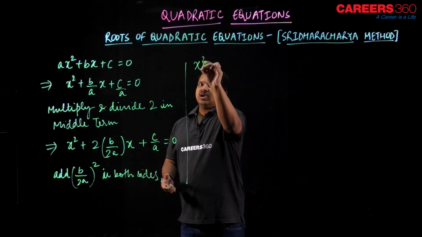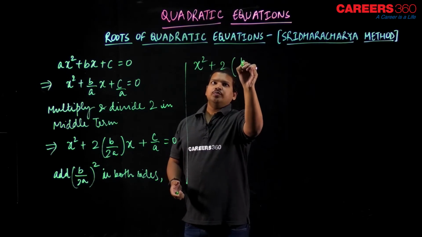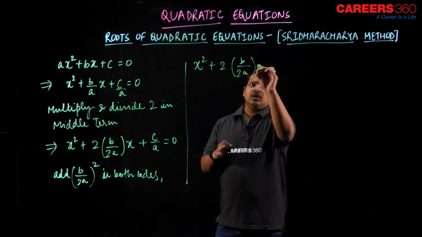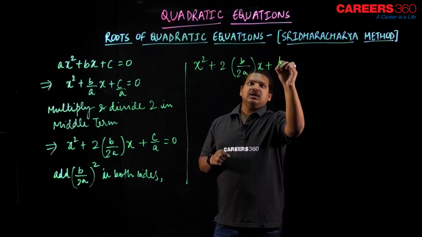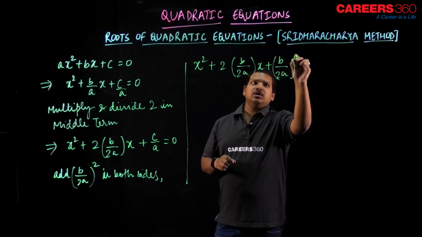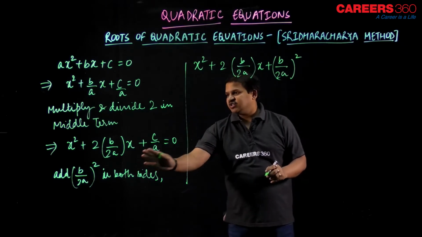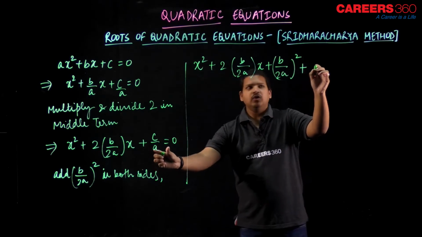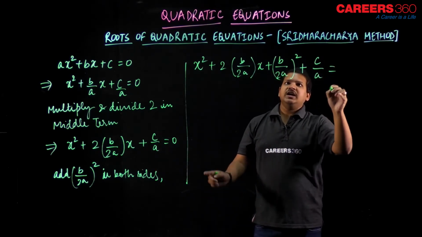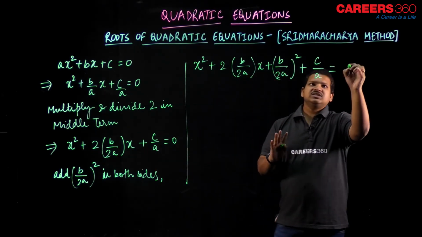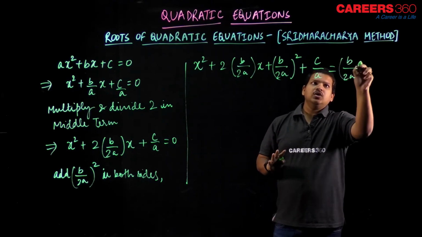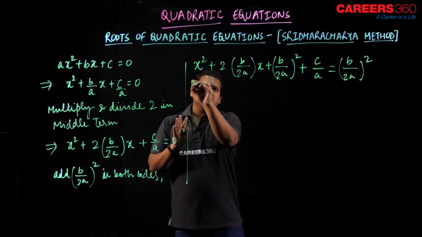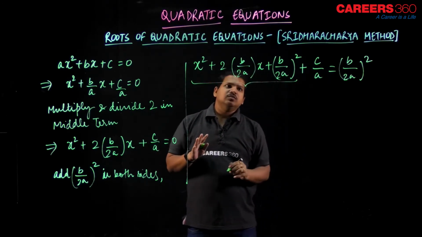Let's see. x square plus 2 b upon 2a into x plus b upon 2a whole square that I have just added, and plus I already have c upon a, equal to 0 plus b upon 2a whole square, right? Now, just observe these three terms, right?